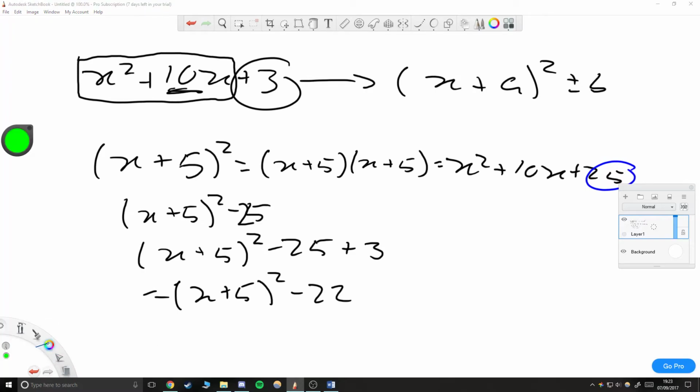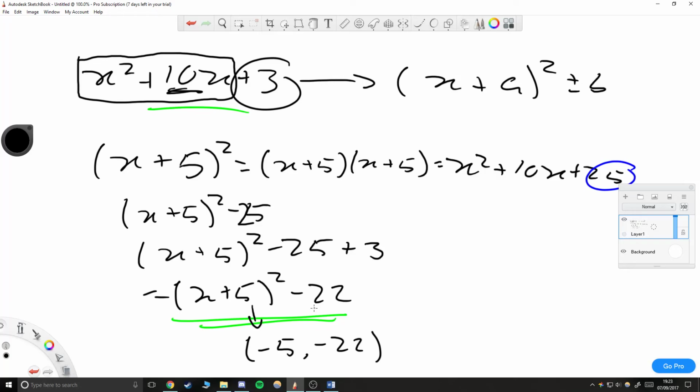And that is the completed square form of this equation up here. So again, let's get the stationary point coordinates. We flip the sign of the number that's in the x, within the bracket. So the stationary point is minus 5, minus 22. You do not flip the sign of the y coordinate, which is outside the bracket.